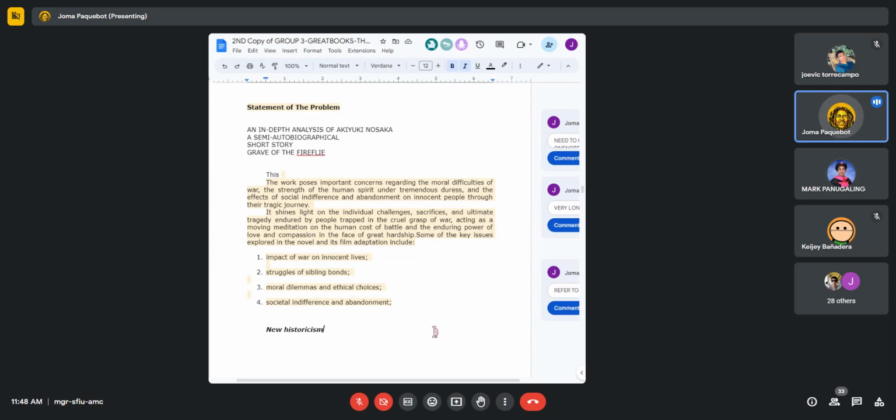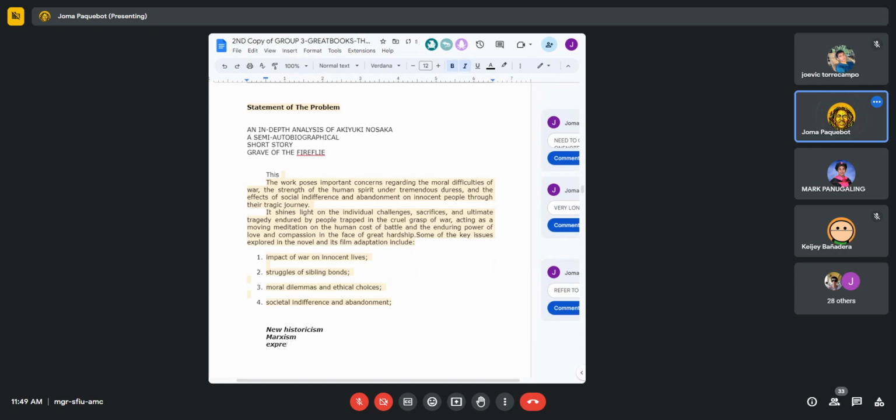The first theory was historicism. The second one was Marxism, and then expressivism.